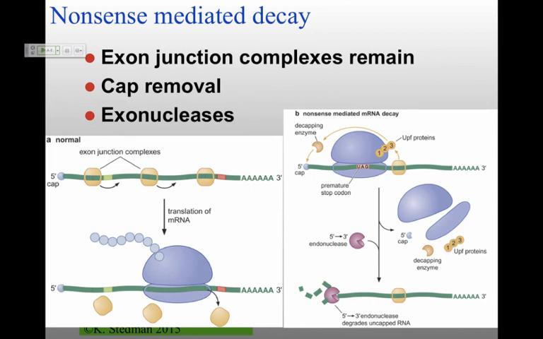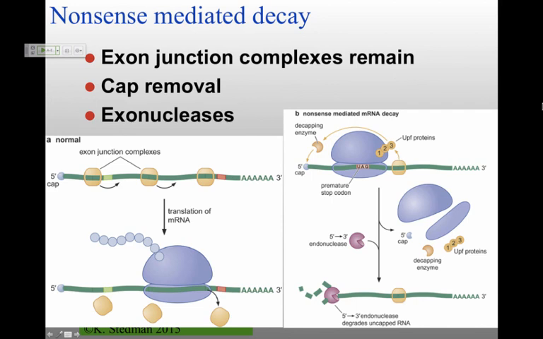Incorrect splicing will put you in the wrong reading frame. You'll end up with a stop codon before you expect to get there. Well, what happens is the ribosome gets to this position, but there's still some exon junction complexes which are 3' to the ribosome. This is a big red flag. It says, hey, this is probably something which is really wrong.